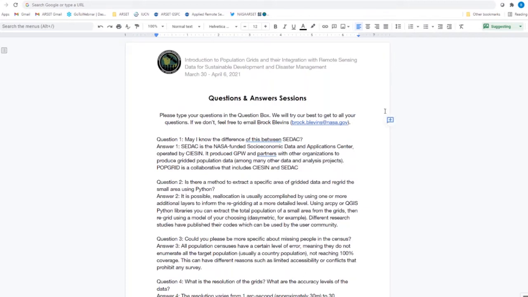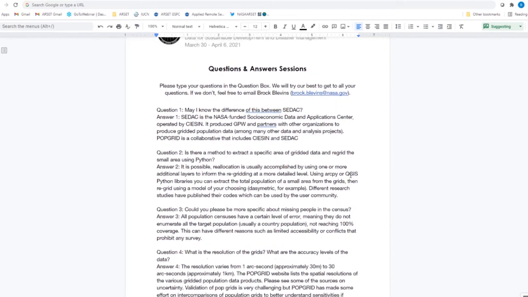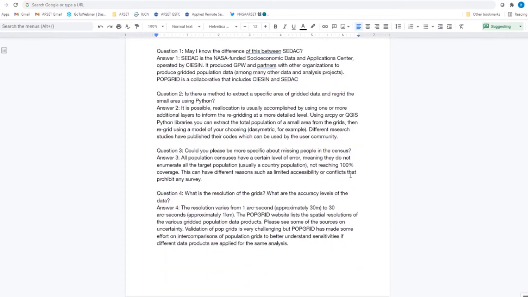Great, thank you. Question 2, is there a method to extract a specific area of gridded data and regrid the small area using Python? I guess I'll take this one again since I did the Python demo. Yeah, it's possible using Python libraries, either ArcPy if you're an Esri user, or QGIS Python libraries, or something like Shapely and Fiona, which lets you work with geometries, and Rasterio that works with raster data.